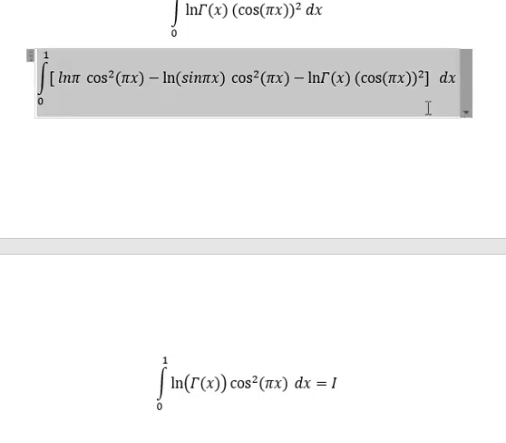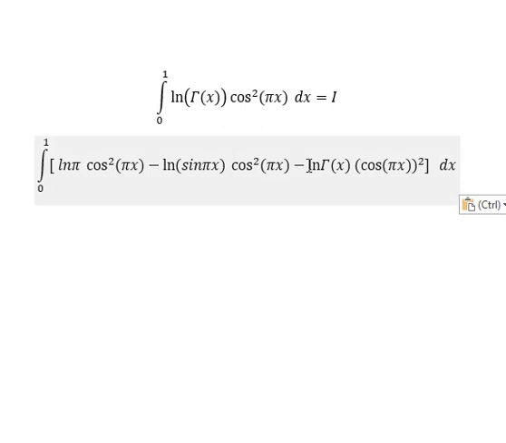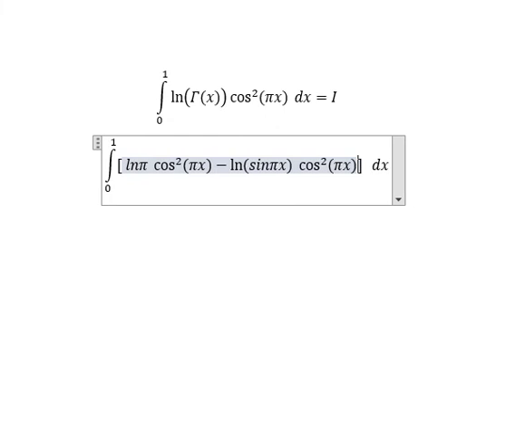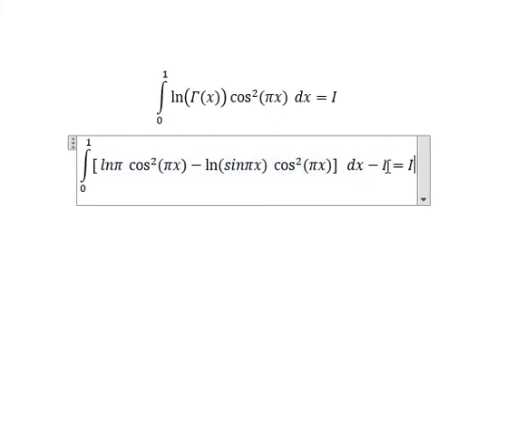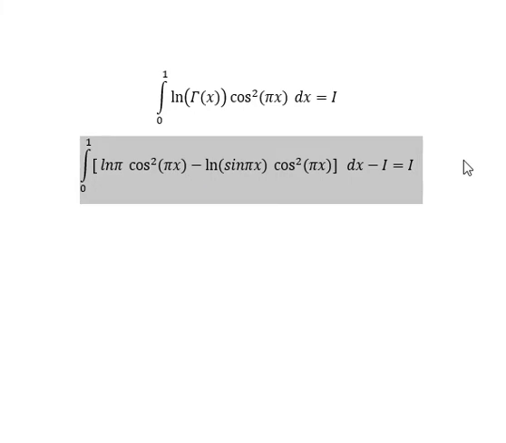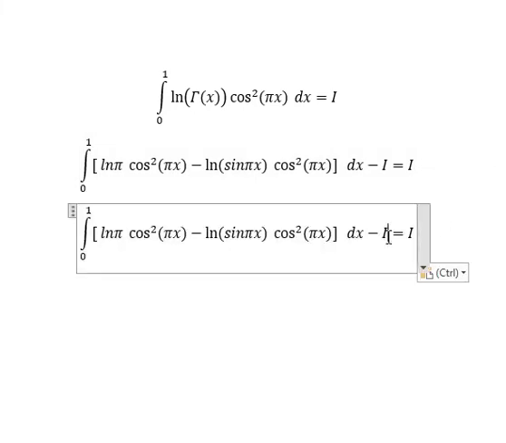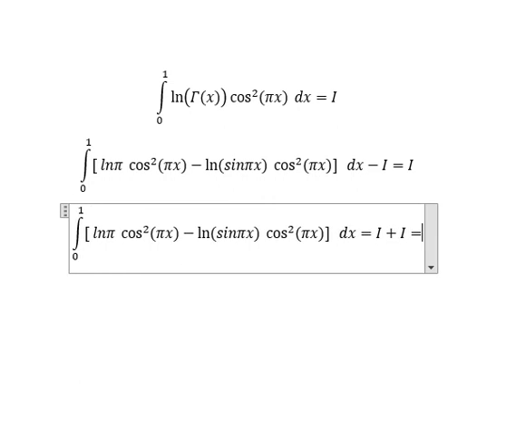And now from here we have this one, we change for I, and this one we have I, so we have negative I in here equals to I. So negative I we put on the right, so we have I plus I, we have 2I.